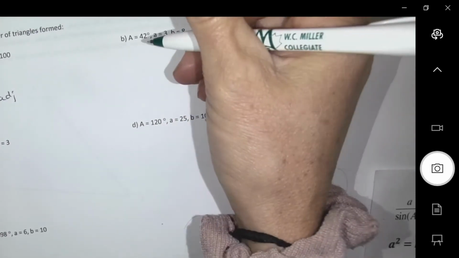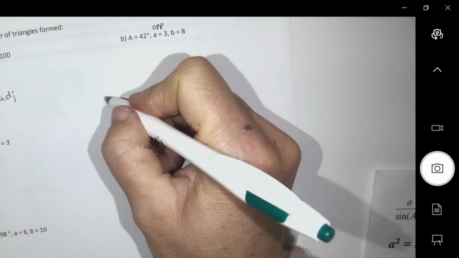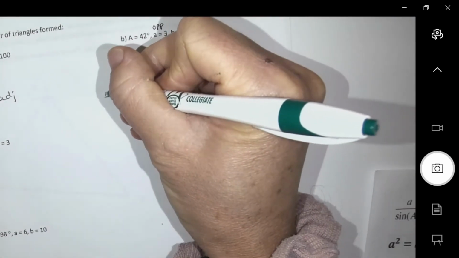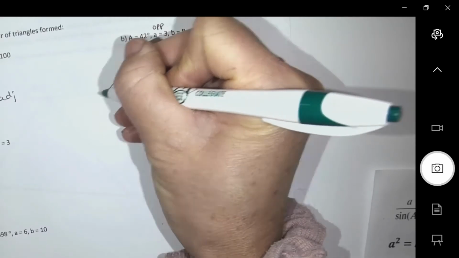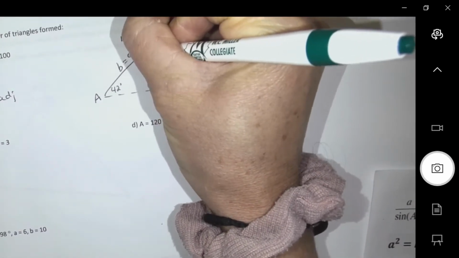Okay, opposite is 3. Okay, that's shorter. So we're going to have to figure it out. So right beside A is side B, which is 8.